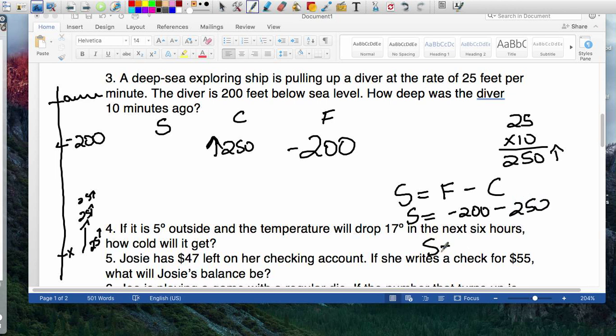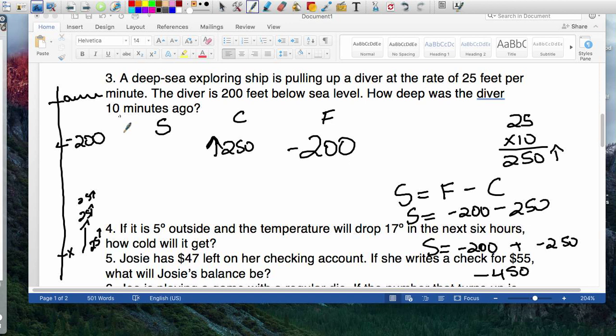And if you like, you can change that condition. Well, you get -200 plus, and this becomes -250. So now we're adding two integers that are negative, negative and negative, so we know it's going to be a positive answer. And sorry, what did I just say? Negative, two negative integers, so you know the answer is going to be negative, and 200 plus 250 is going to be negative 450.